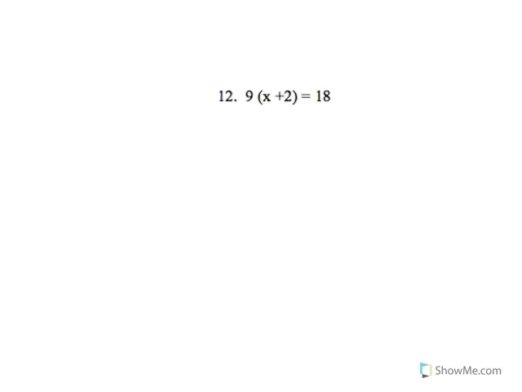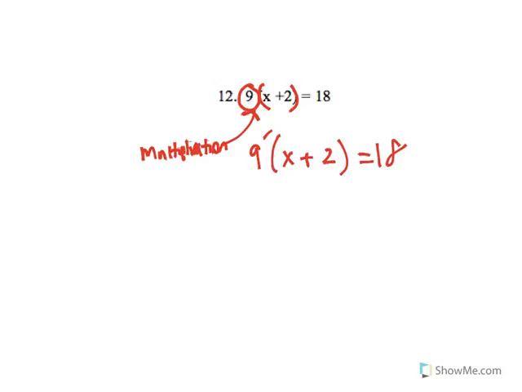Whenever you see a piece outside of the parentheses, just know that the operation here is multiplication. However, the parentheses are special. It's not just any kind of multiplication. It's saying you need to give 1 to each piece. So I give a 9 to the x with multiplication, and I give a 9 to the 2 with multiplication.